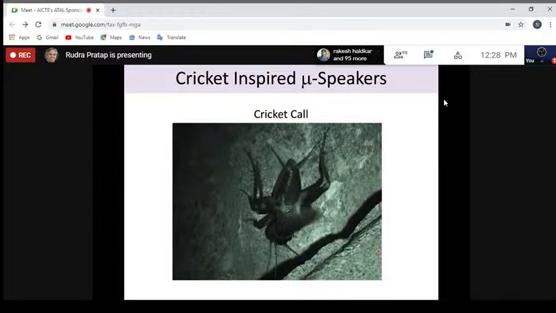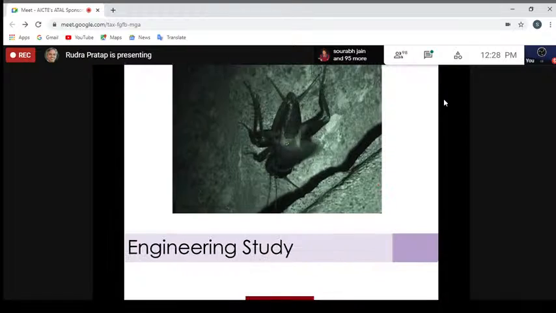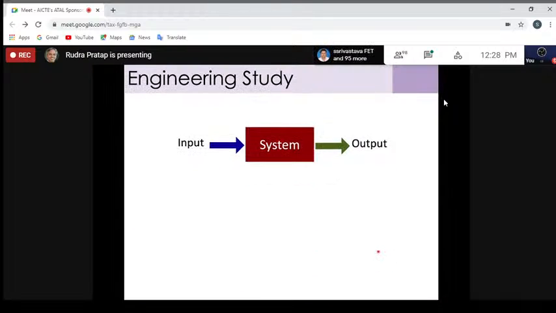All it is doing is moving its wings, and that's what makes this loud sound. They don't use vocal cords, they don't have vocal cords. So it's the wings that go in an angular sweep, right? Technically it's called stridulation, that kind of motion, and that's the motion that is creating this really huge intensity of sound.